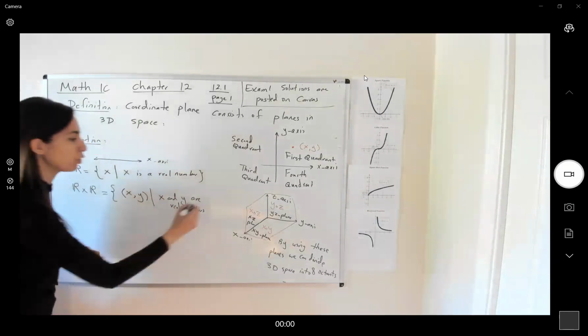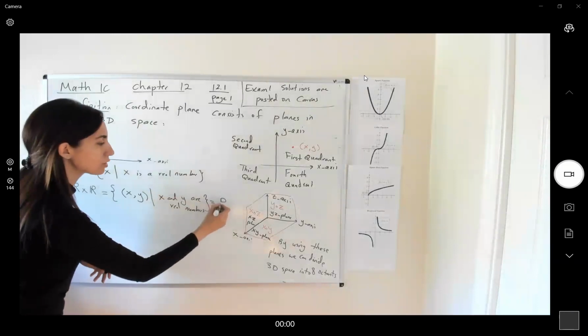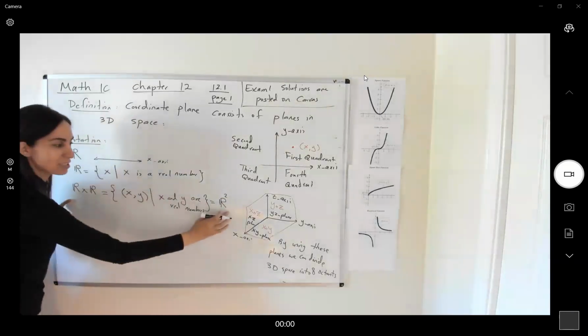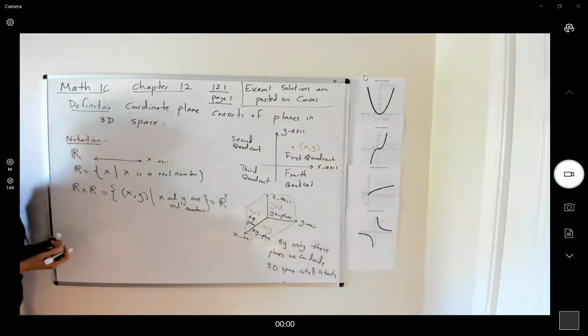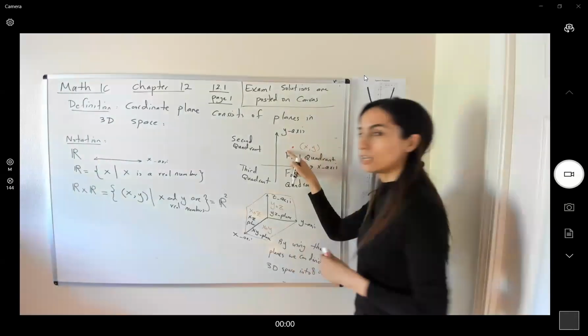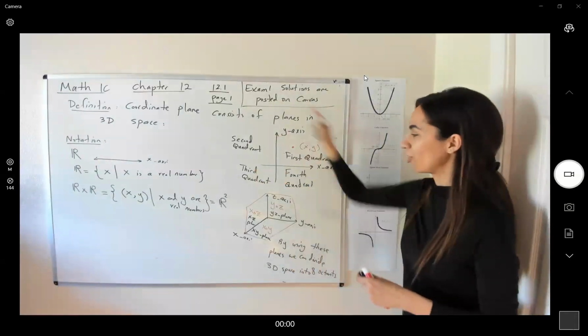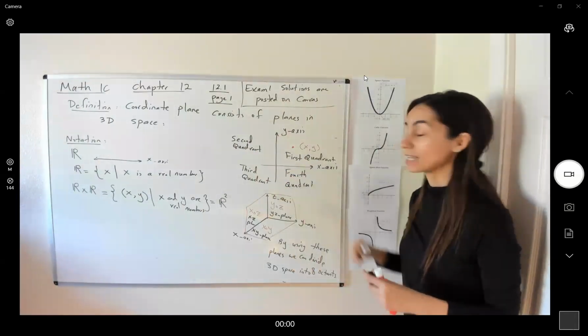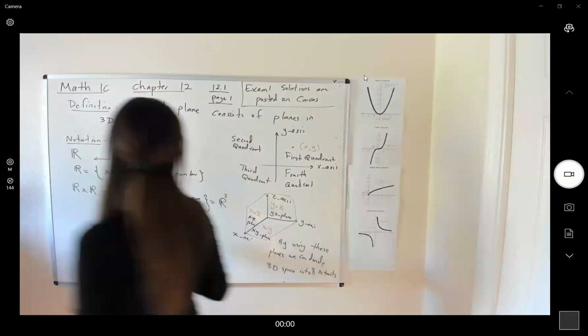We usually denote this set by R squared, the collection of all points in XY plane. The first quadrant, second quadrant, third quadrant, and fourth quadrant.